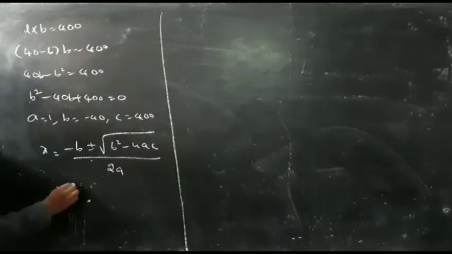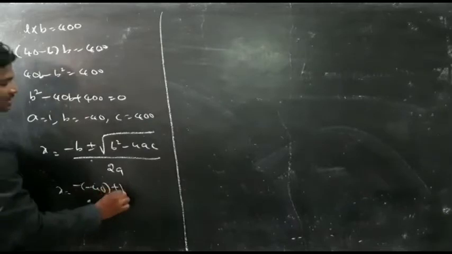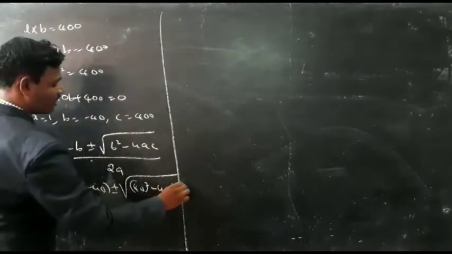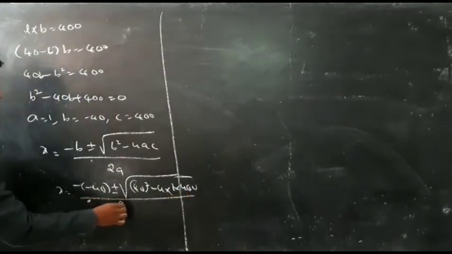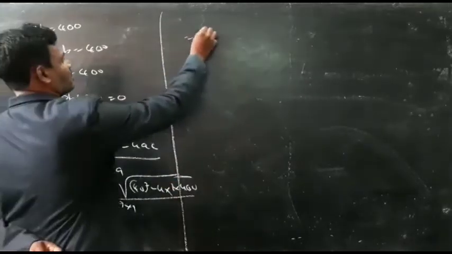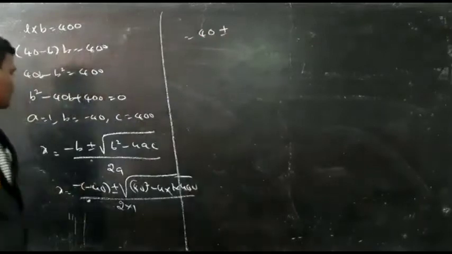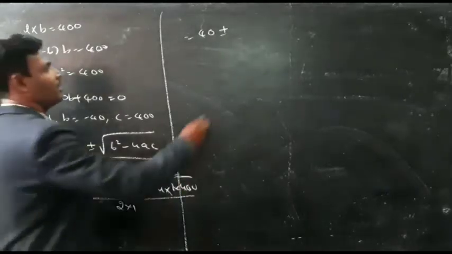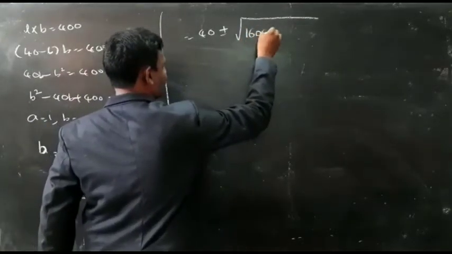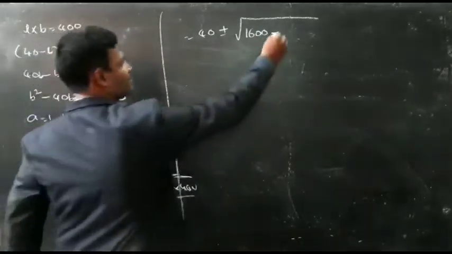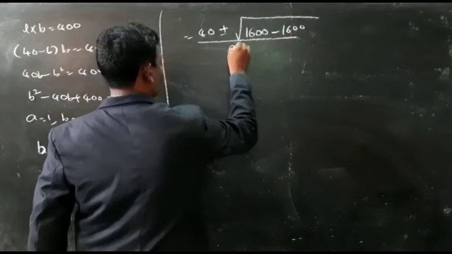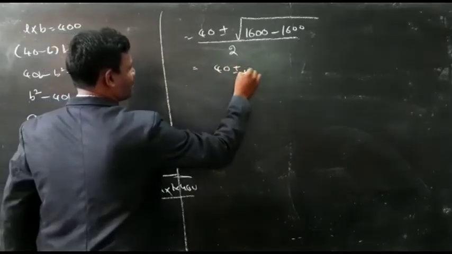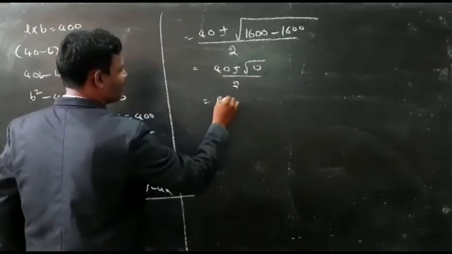That is minus of minus 40 plus or minus under root of 40 square minus 4 into 1 into 400, by 2 into 1. 40 square means 1600, minus 1600. So it is 40 plus or minus under root of 0 by 2. It is nothing but 40 by 2.